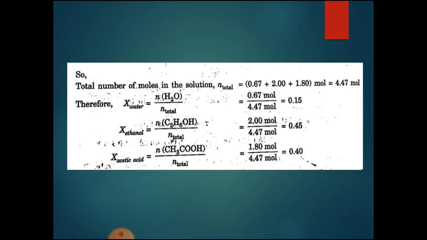The answer becomes 0.45. For the mole fraction of acetic acid, number of moles of acetic acid divided by the total number of moles of the solution, which is 1.80 mole by 4.47 mole, and the answer becomes 0.40. So this is how we find the mole fraction of the components.